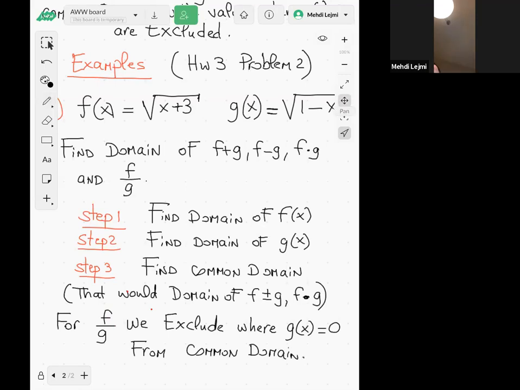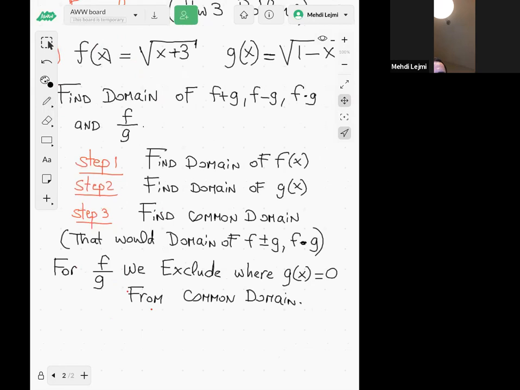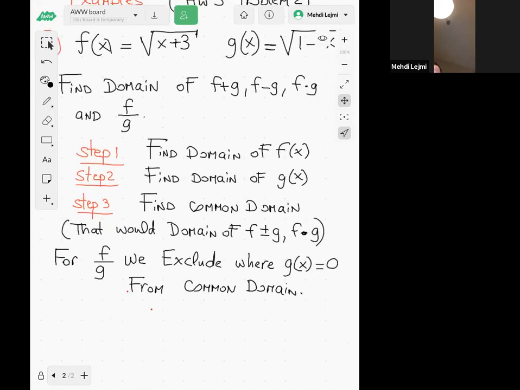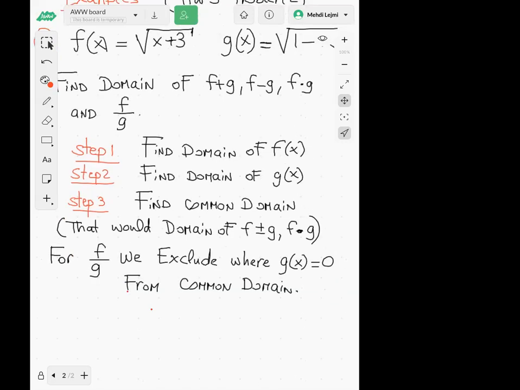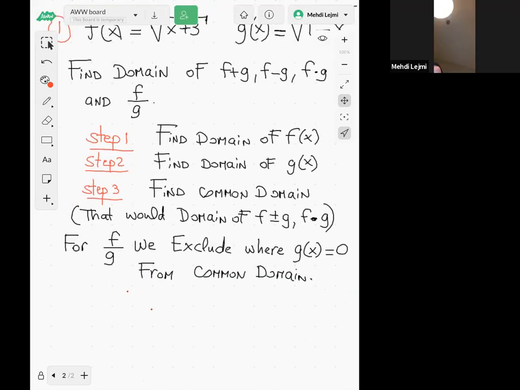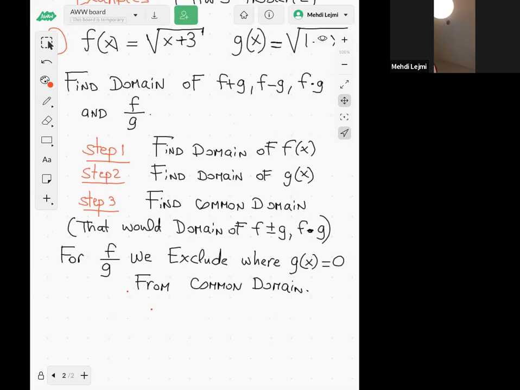First, step 1, we need to find the domain of f. Let me write down f for you. F of x is square root of x plus 3. Now let me remind you, how do we find the domain of a function?